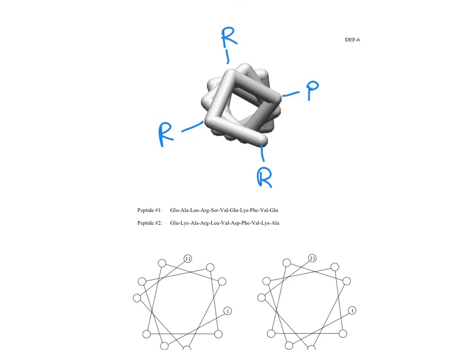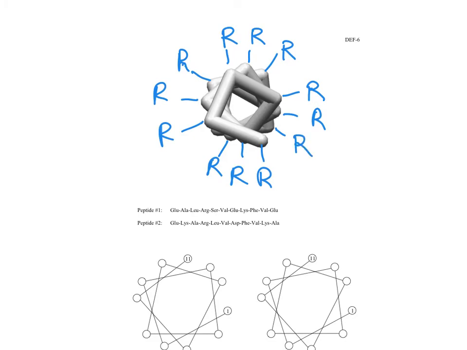And what we can do is start putting them on here like this and go around to each successive alpha carbon. And what you can see is a beautiful, basically a sunburst pattern where the side chains are radiating out away from the core main chain portion.